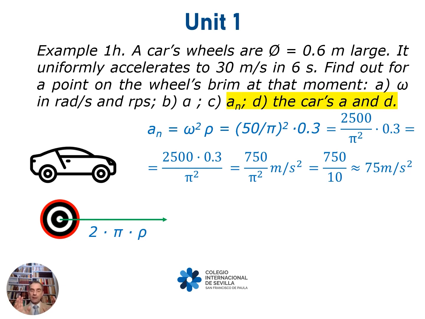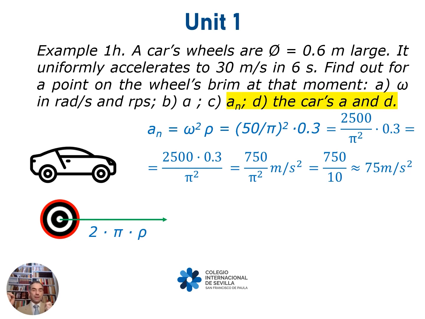We'll see that on another occasion. And the normal acceleration, meaning the acceleration towards the center of every single point on the brim of the car, is 75 meters per second squared, roughly 7.5 times the acceleration of gravity.